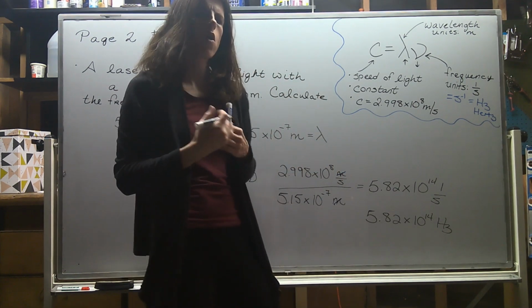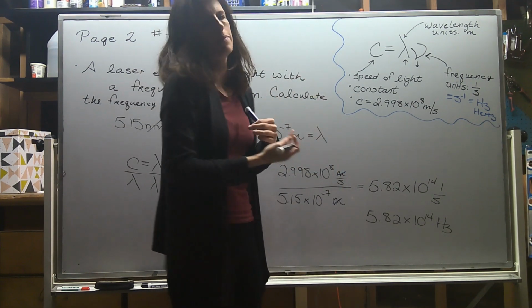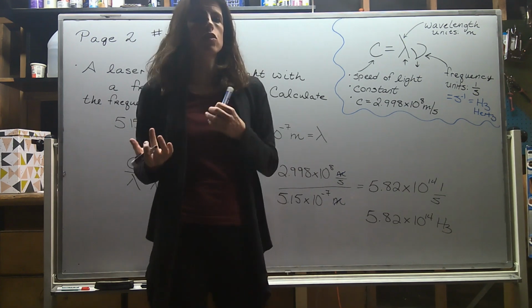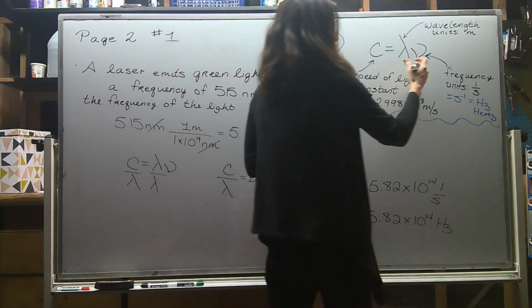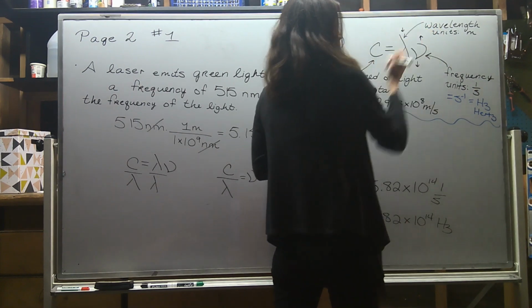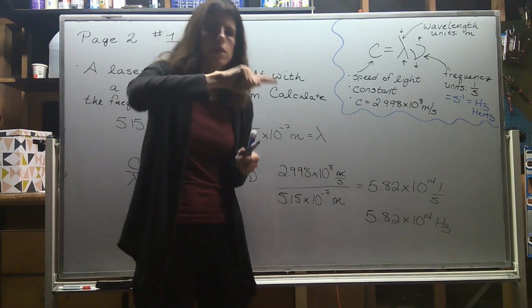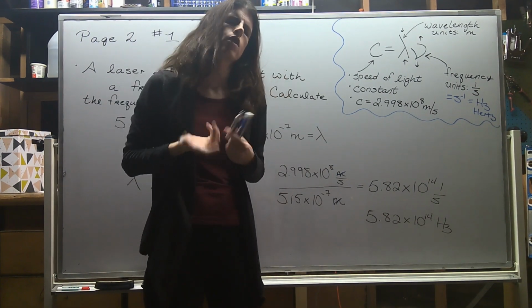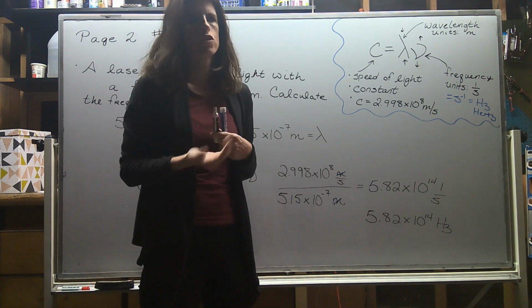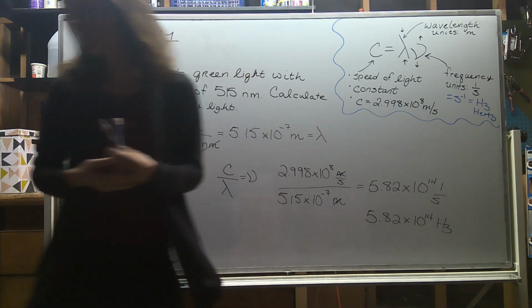Frequency also can be described as the energy. So high frequency is going to be associated with high energy. If we had high frequency, then we're going to have really small wavelengths. So we're going to have a really, really tight wave when we have those high frequency, high energy waves, like those associated with X-rays, for instance.